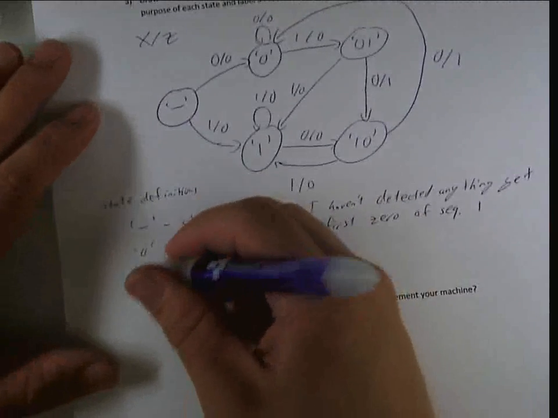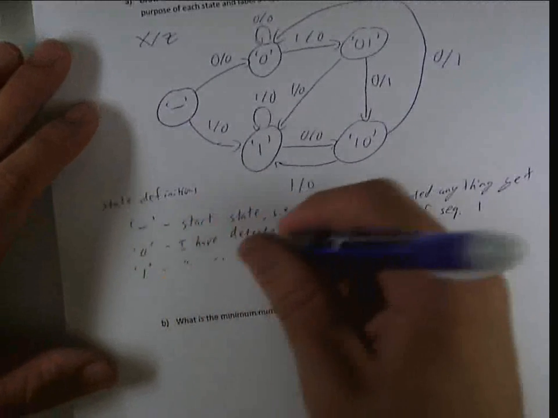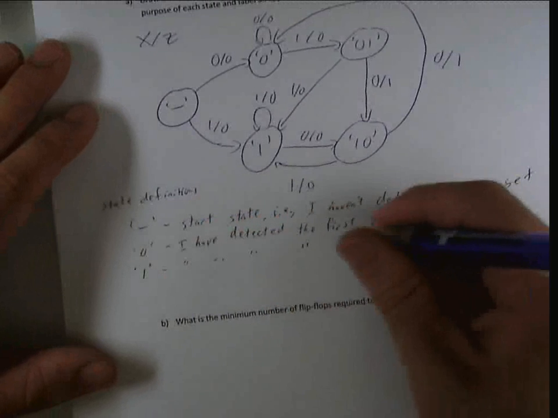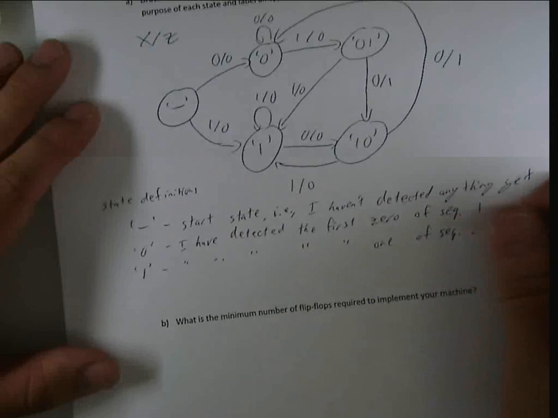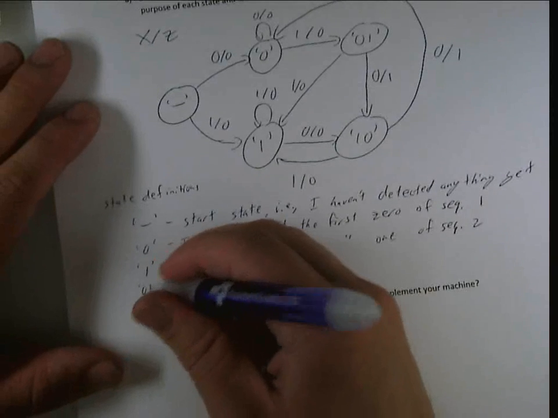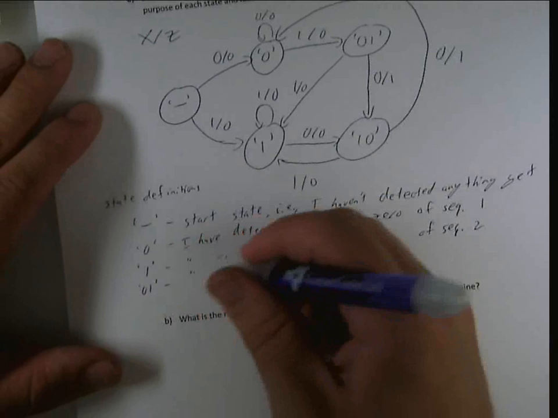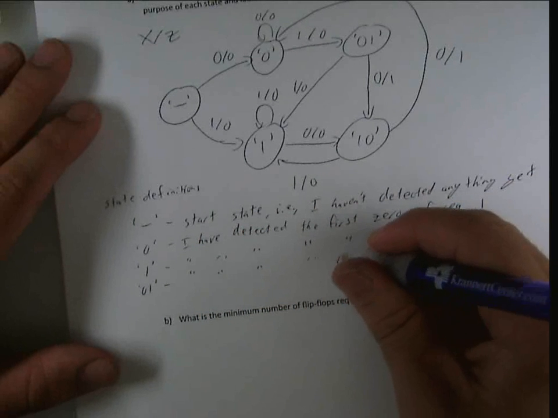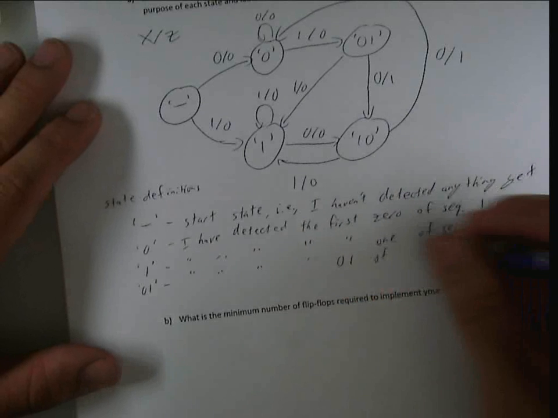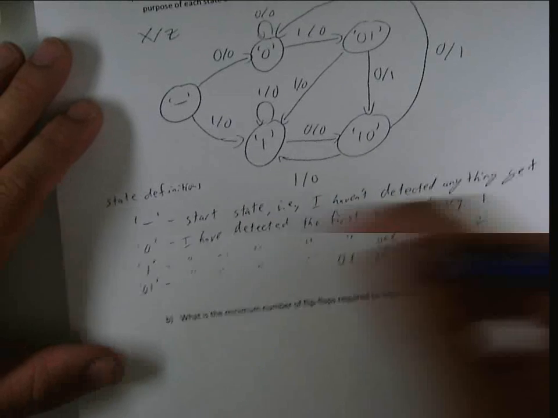And then we got state 1, which is ditto, 1 of sequence 2. 0, 1 is I have detected 0, 1 of sequence 1.